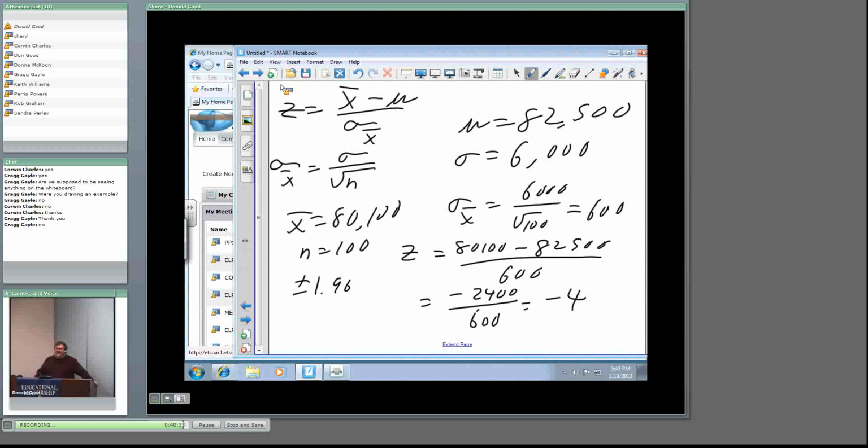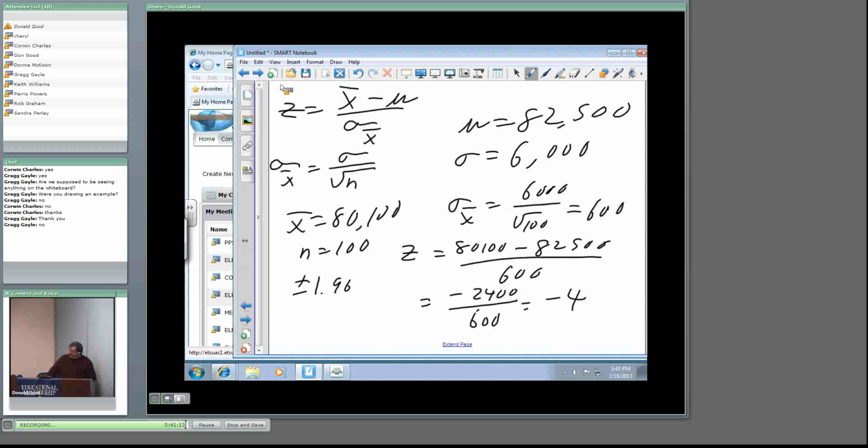The null hypothesis would be the salaries of women are not different than the salaries of everyone. We have rejected it. Therefore, the salaries of women are different. And the way they're different is that they're lower. The salaries of women are lower.